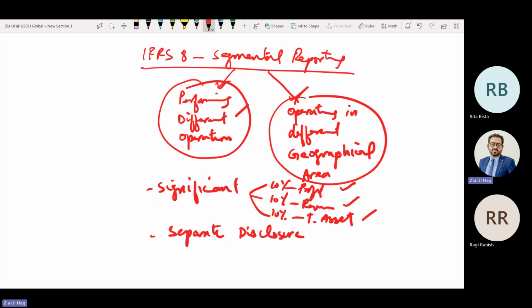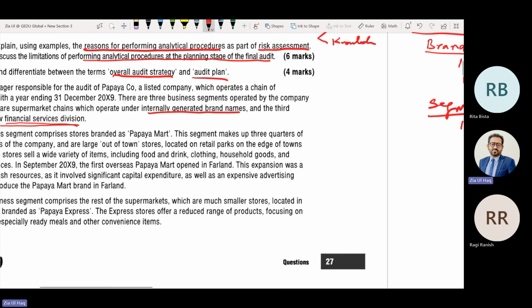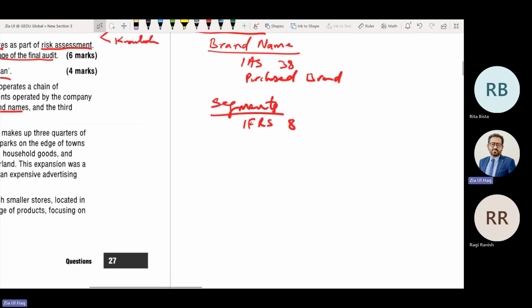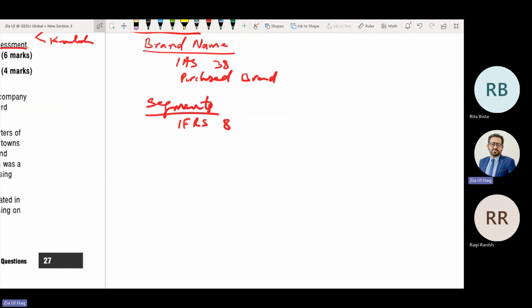We need to disclose that separately. And here, Papaya company is operating in different segments. So per IFRS 8, if the financial services division meets the segmental reporting criteria and is significant, there must be separate disclosure in the financial statements about this division. And in case of no disclosure, the financial statements could be misstated.